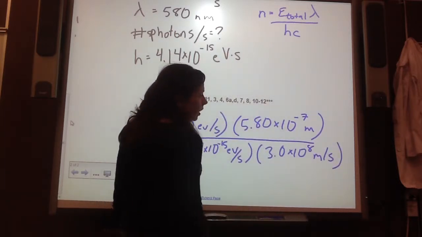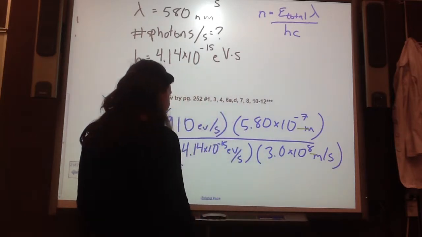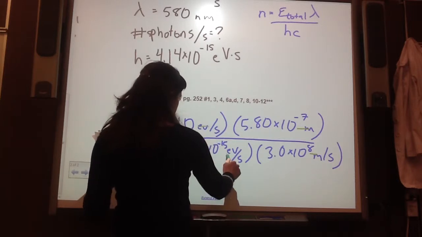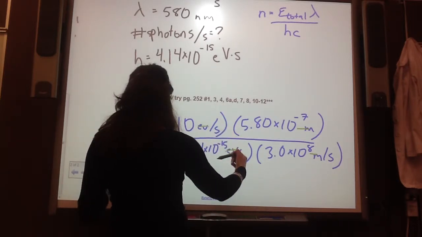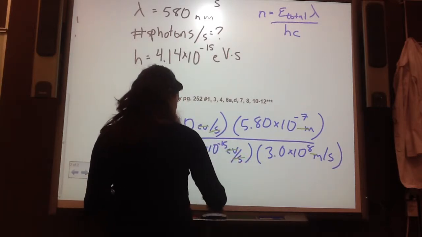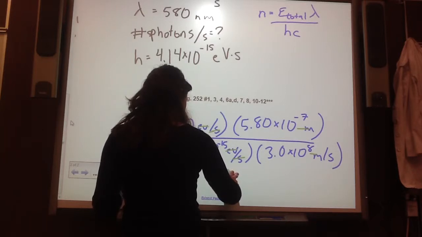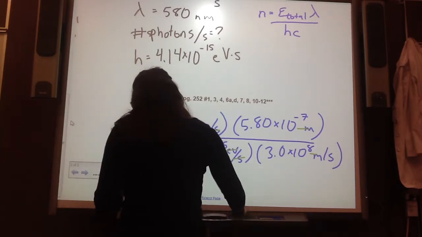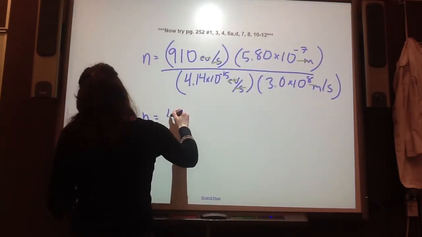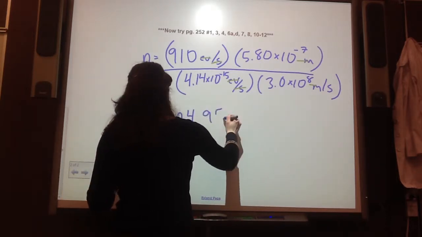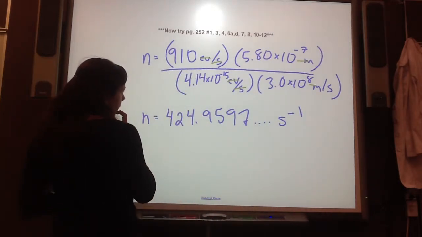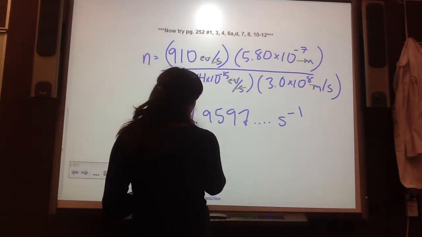So if you think about it, these meters will cross off. These eV will cross off, and the seconds are on the bottom in both places, so we'll have one of the seconds crossed off. What we'll be left with when we put this all in is N is equal to 424.9597, etc., with one second inverse, because there's still one second on the bottom.